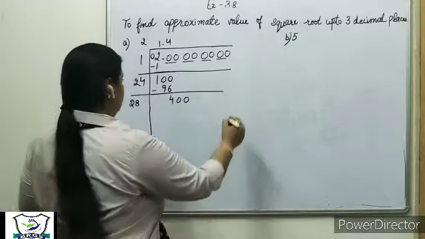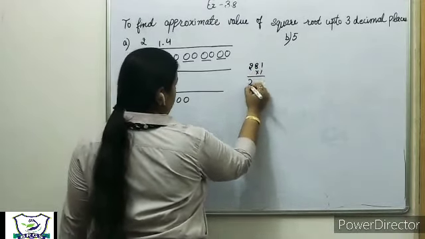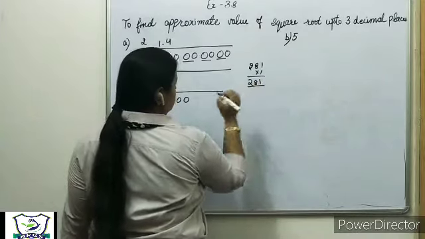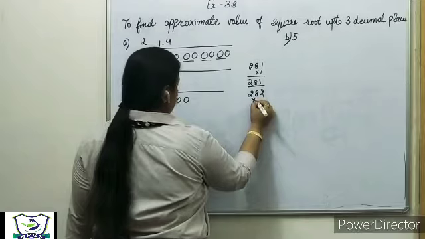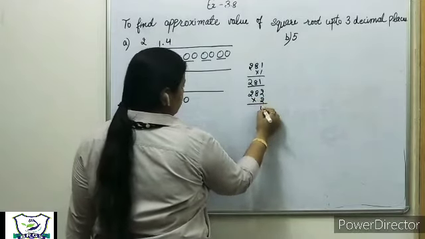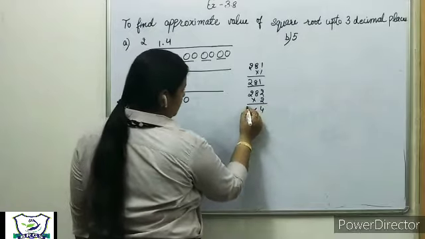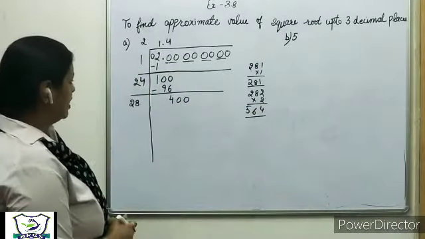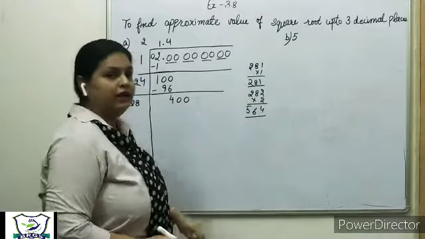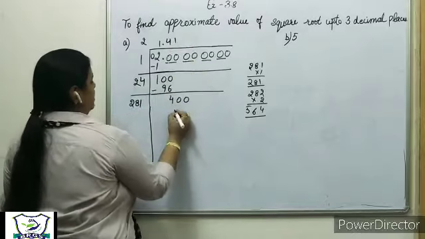So let's try. 281 into 1, it's 281. 282 into 2, 2 2s are 4, 2 8s are 16, 2 2s are 4, it is 564. So I think we have to go for 281. Correct? So 281.